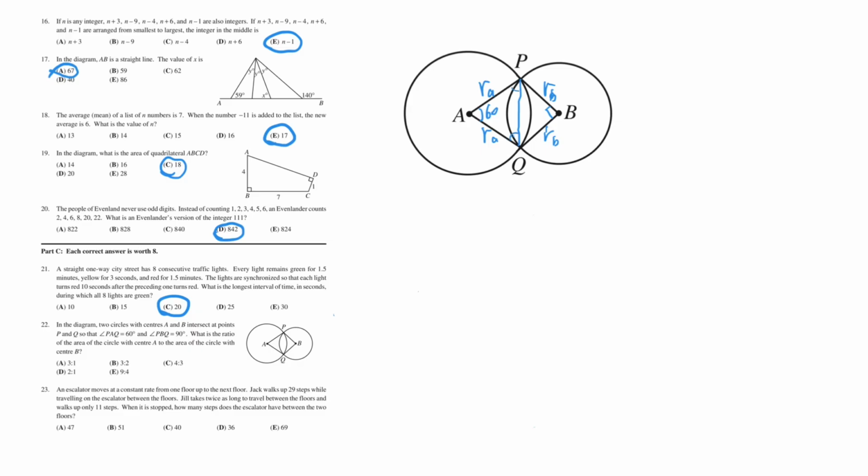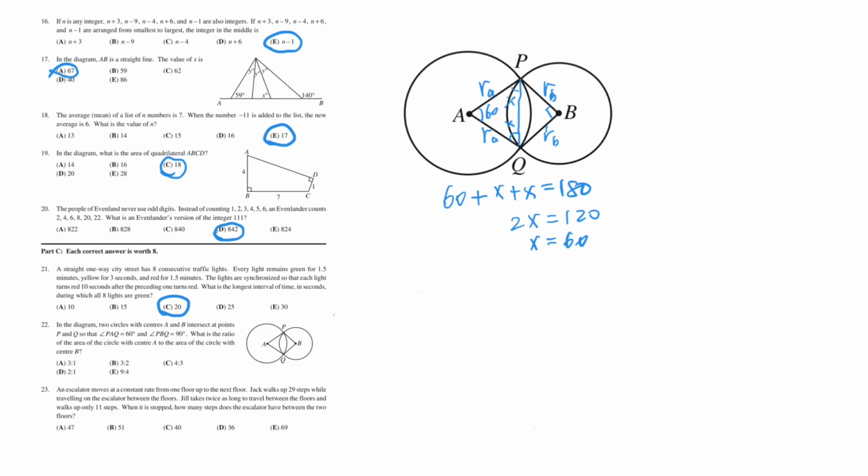If the other two angles are each X, the sum of the interior angles is 60 plus X plus X equals 180, because it's an isosceles triangle. 2X equals 120, X equals 60.